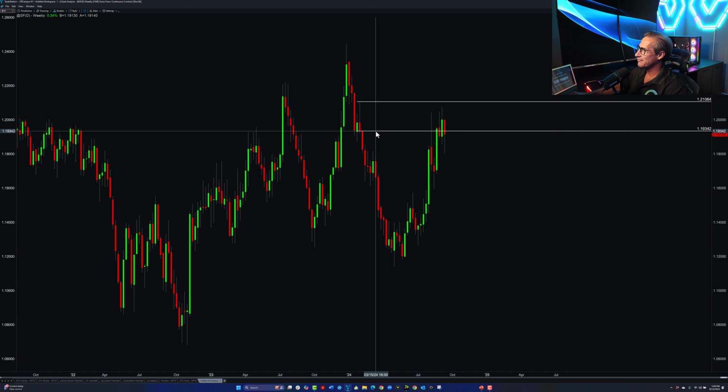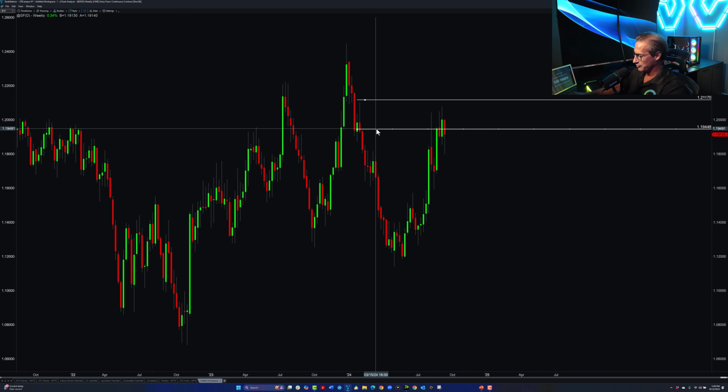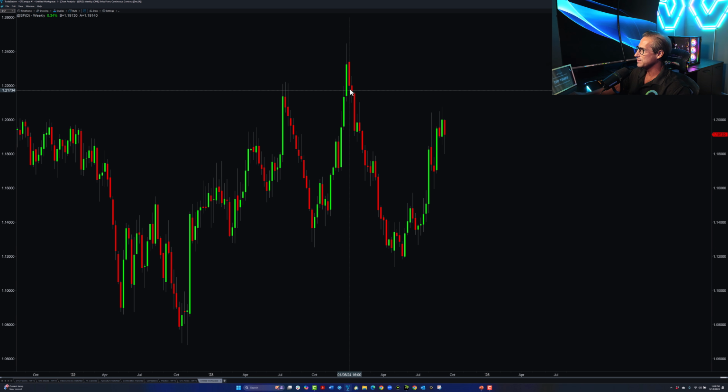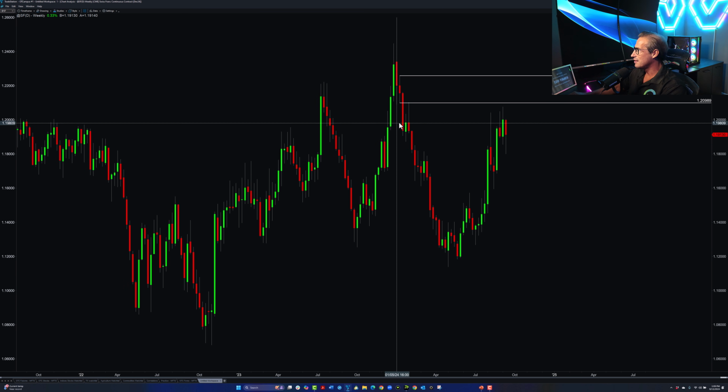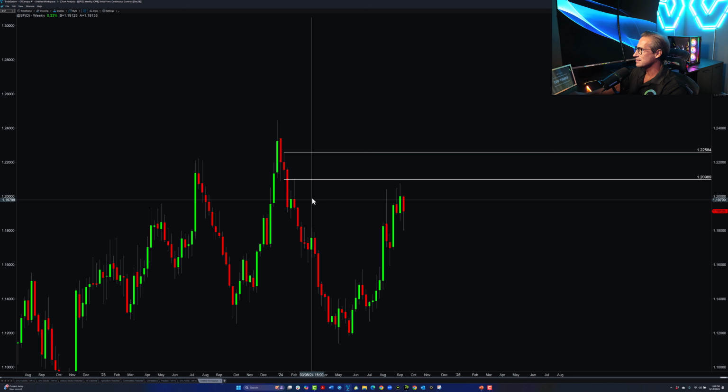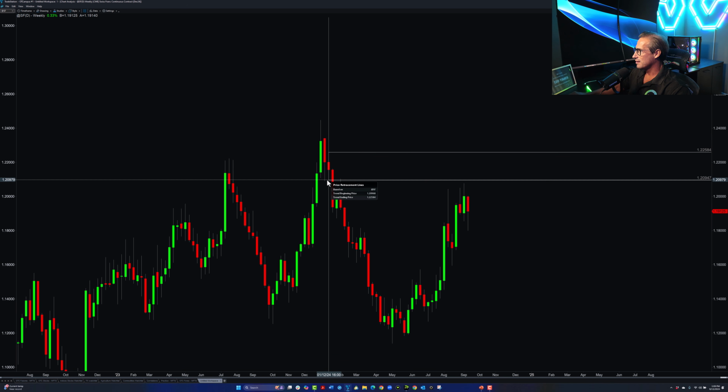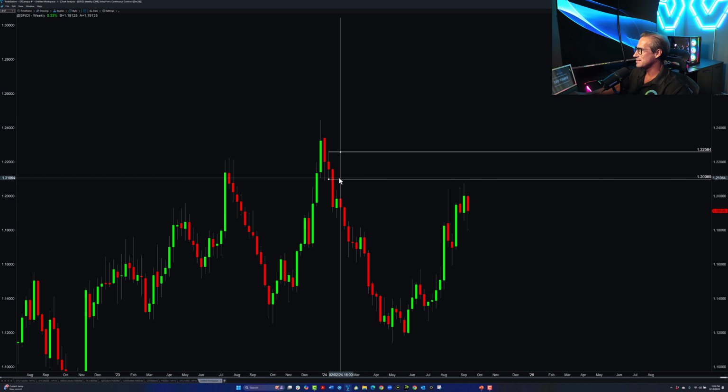So it's a violation. Now we remove that, so we go higher, and we see here a drop, a base, a drop. So that zone, based on the wider version, and look at that, how interesting this looks. Based on the wider version, it has been touched, just a shallow touch, and then price dropped.